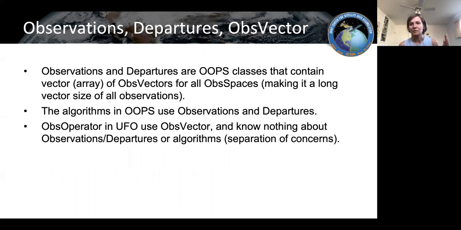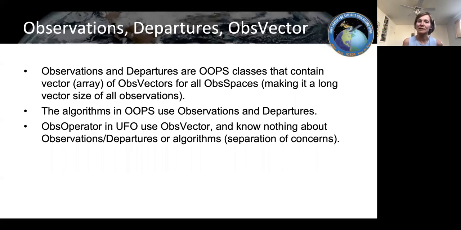From the data assimilation perspective, when I write those, I don't really care if I'm going to simulate three radiances or if I'm also going to simulate radiosondes. I just want to know, here's my whole vector of observations. So the Observations class is an OOPS class that basically contains all the obs or all the HofXs for everything. It's kind of like this ObsSpaces class.